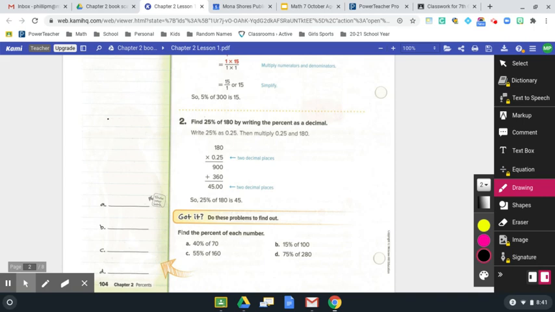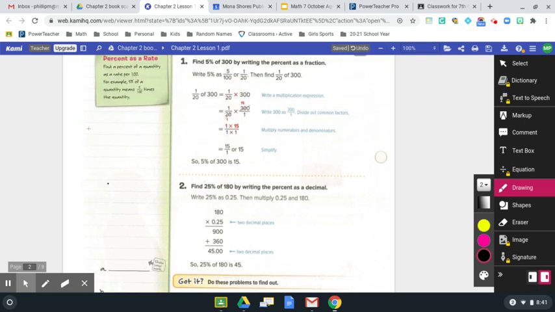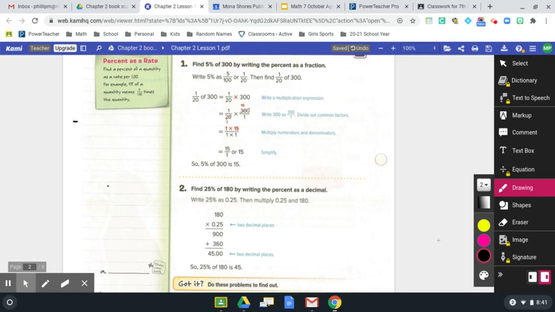All right, so let's look at finding the percent of each number. Let's try letter A together to start with. So I'm going to come up here. Whoops. And let's set this up. And I'm going to show both ways that we just talked about. Okay, so first way. Let's do it as a fraction.